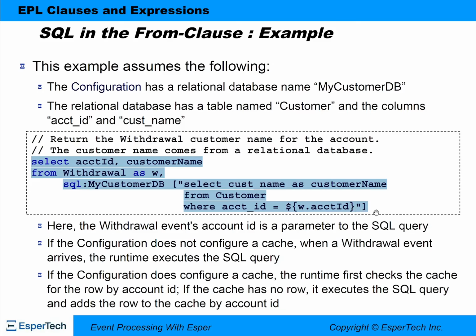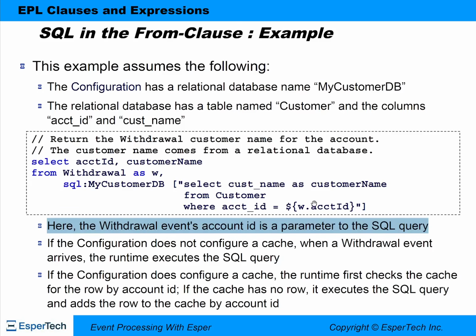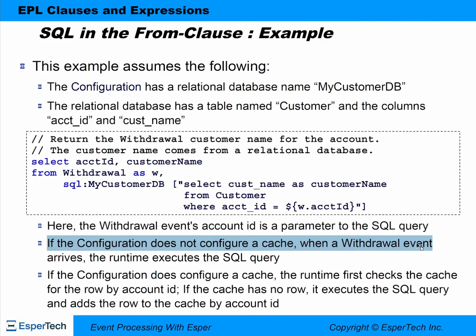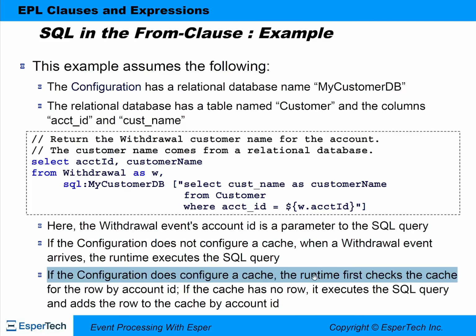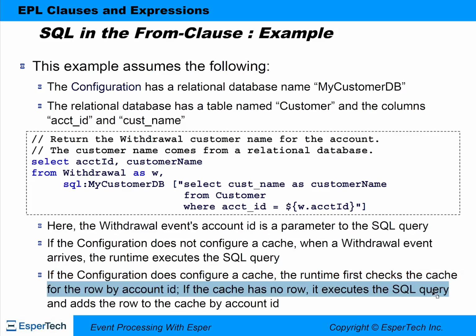Here, the withdrawal event's account ID is a parameter to the SQL query. If the configuration does not configure a cache, when a withdrawal event arrives, the runtime executes the SQL query. If the configuration does configure a cache, the runtime first checks the cache for the row by account ID. If the cache has no row, it executes the SQL query and adds the row to the cache by account ID.